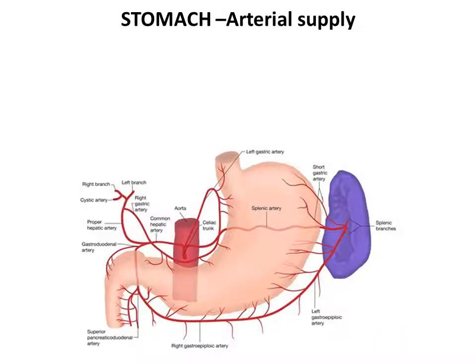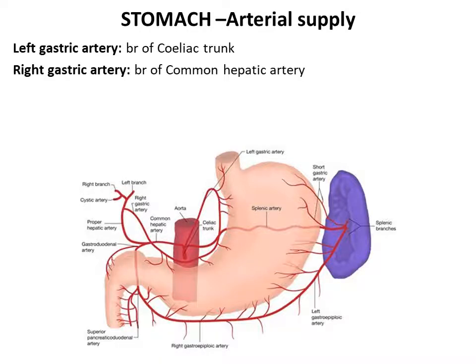The arterial supply of the stomach. The stomach is supplied along the lesser curvature by the left and right gastric arteries. The left gastric artery is the principal artery of the stomach. It supplies the upper two-thirds of the stomach and is a branch of the celiac trunk. The right gastric artery is a branch of the common hepatic artery. It may arise from the proper hepatic or gastroduodenal arteries.